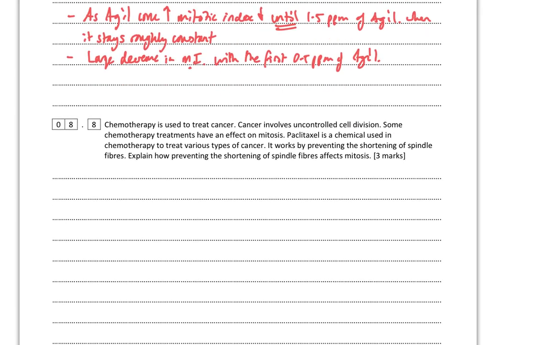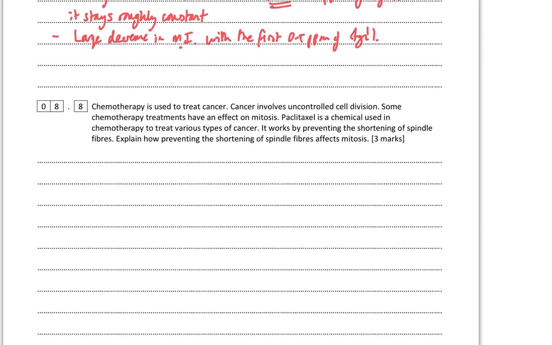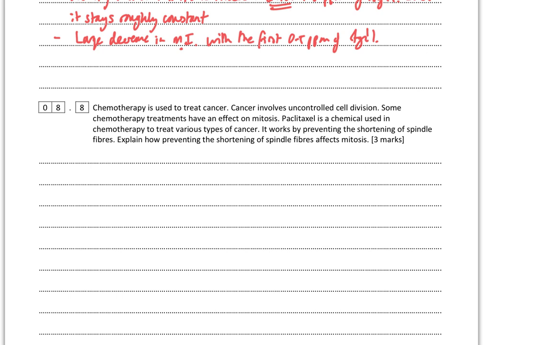And then 8.8, chemotherapy as you treat cancer, involves uncontrolled cell division. This chemical I never heard of is a chemical used to prevent shortening of spindle fibers. How it affects mitosis, right?